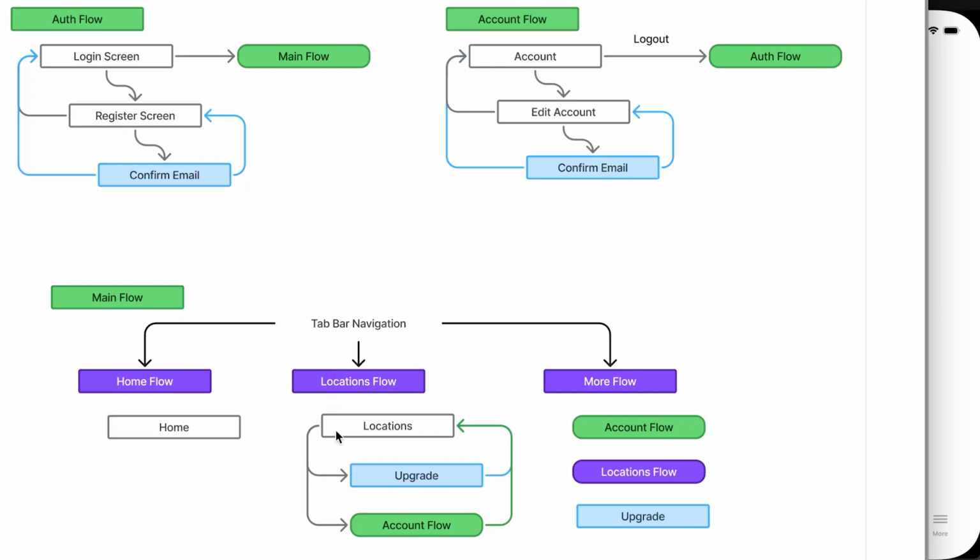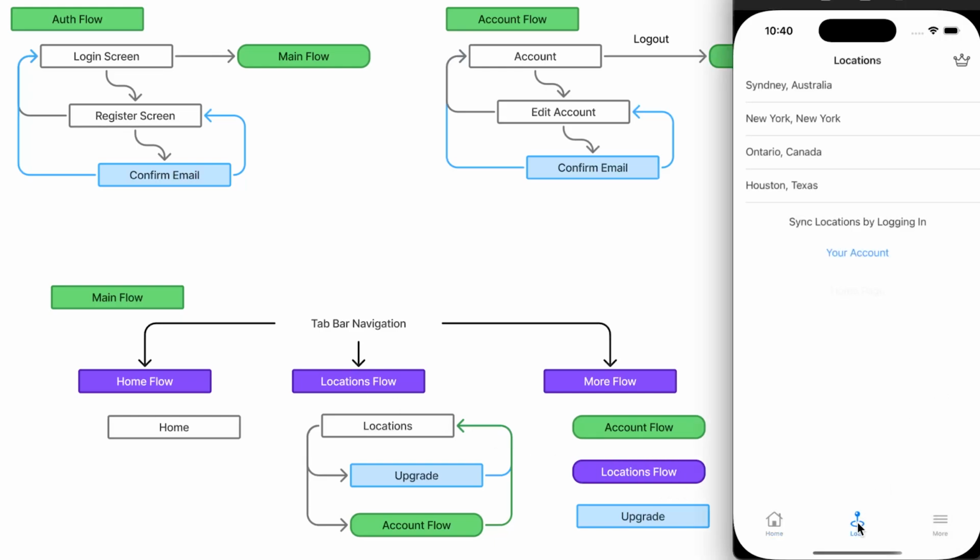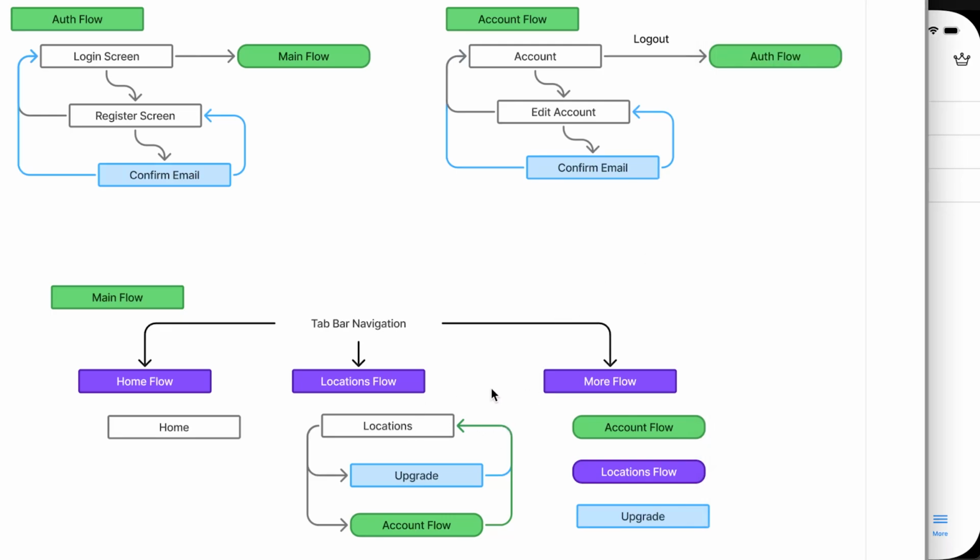Now, what you're seeing here when you see these different colors is a lot of these white boxes with black borders on them. These are all reused. So this locations flow that I showed you here, where we have access to locations, and from within the more screen, there's two different locations to access it.